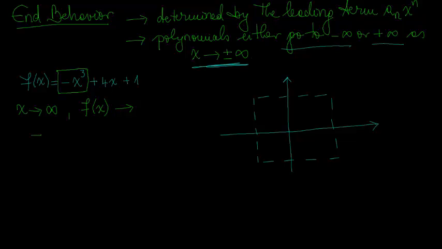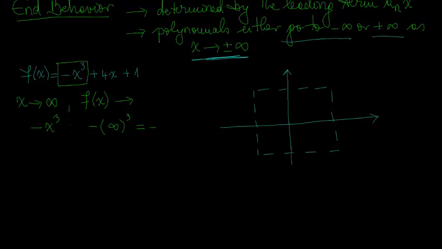So I'm going to take the leading term and plug in infinity, in this case with a positive sign, and determine what comes out. Well, infinity cubed is infinity because I only make it bigger, and then because there's a minus in front of it, I have negative infinity. So as x goes to infinity, f of x will go to negative infinity.